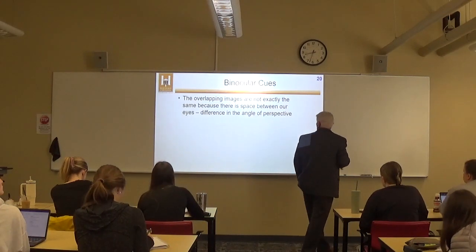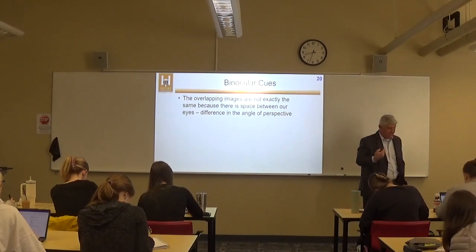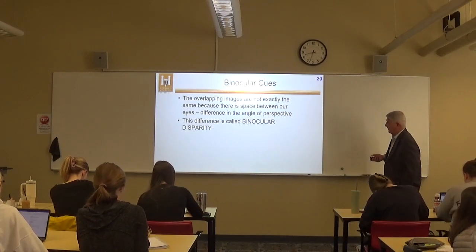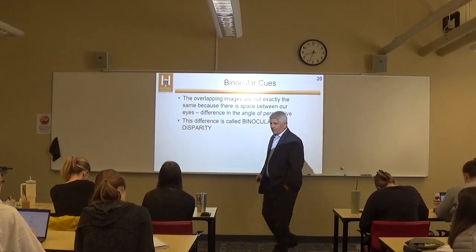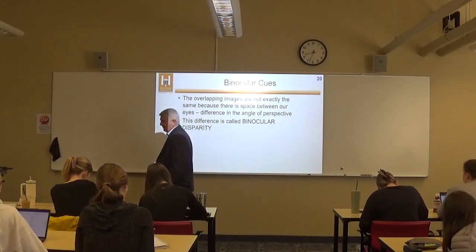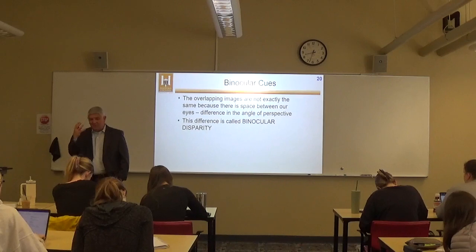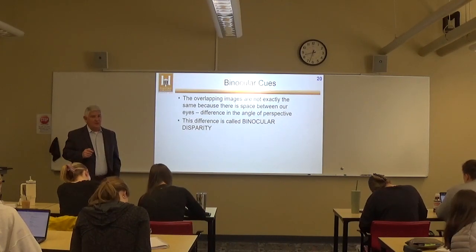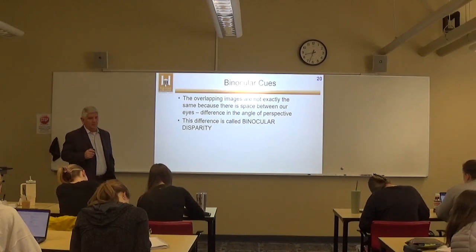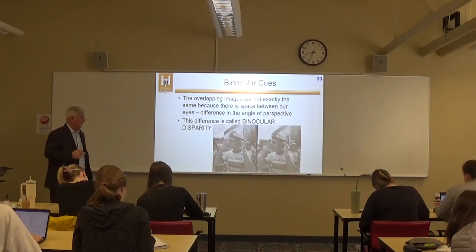Because the images that hit our eyes are not exactly the same, this is called binocular disparity. Binocular disparity means that the exact same image is not hitting both of our eyes. And we can use that as a cue for depth perception.